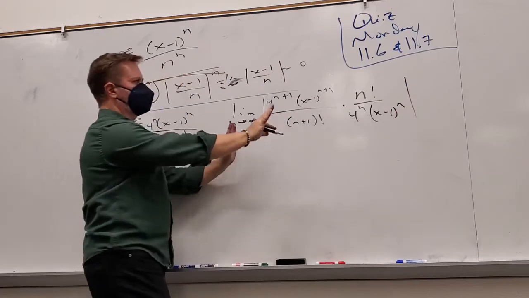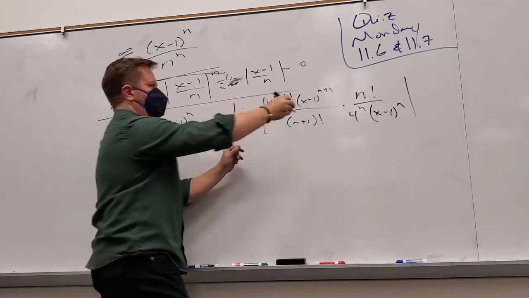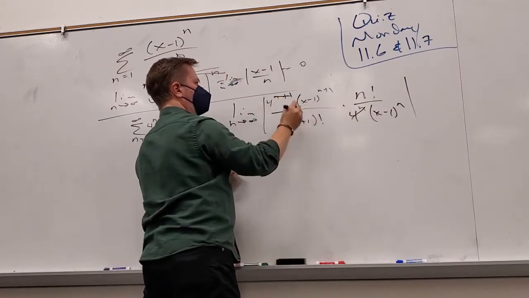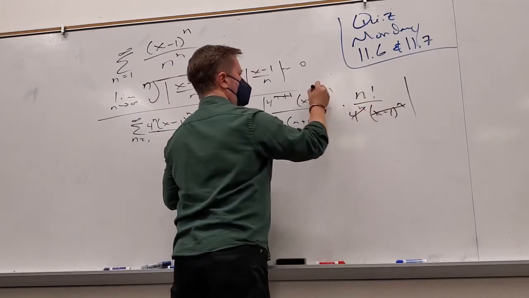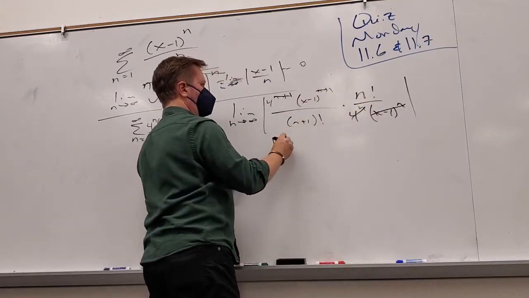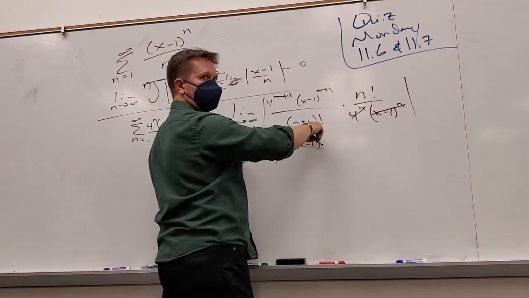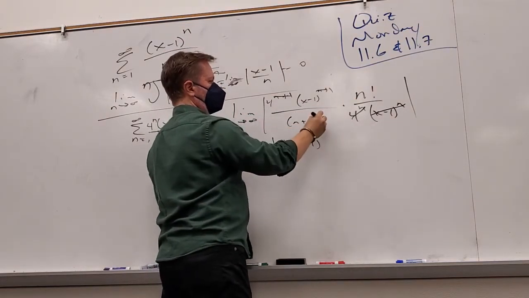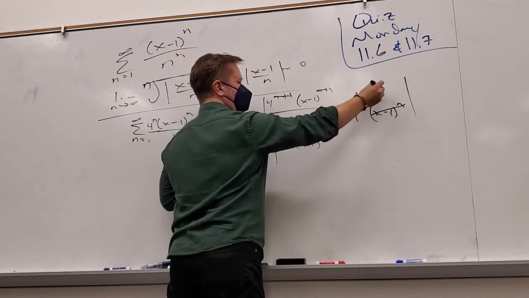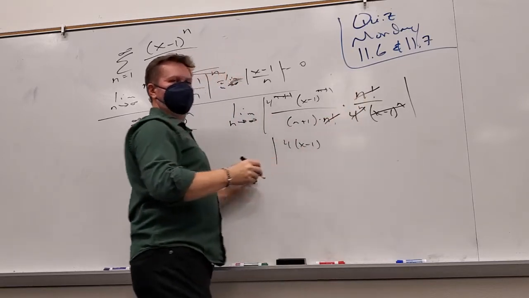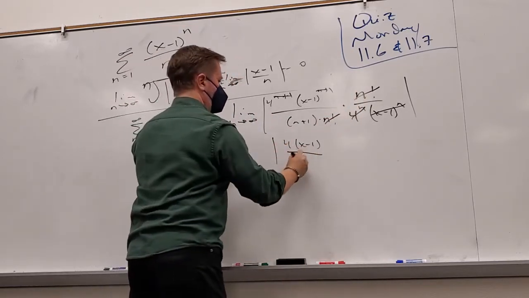Okay, so the same old stuff happens, right? I lose n fours, so I've got one left. I lose n of these, so I've got one of them left. So far I've got 4 times x minus 1. And then here, you take that and factor out, shuck off one of those. So it's over n plus 1.